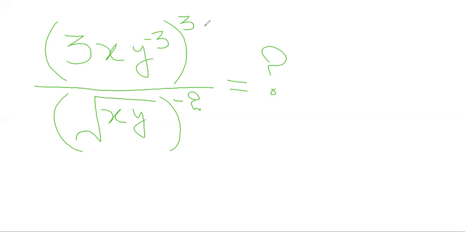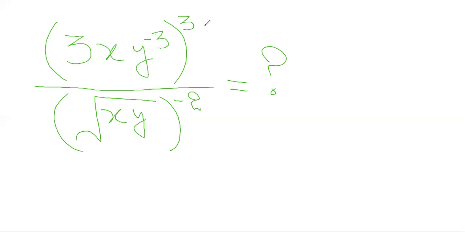So wait, what were the options for this, or is it like an open end? No, we have the options. I am just going to read, 27x4 over y8. Yeah, that's what I got. You got this one? Yeah, I got 27 x4, and then that's over y8.